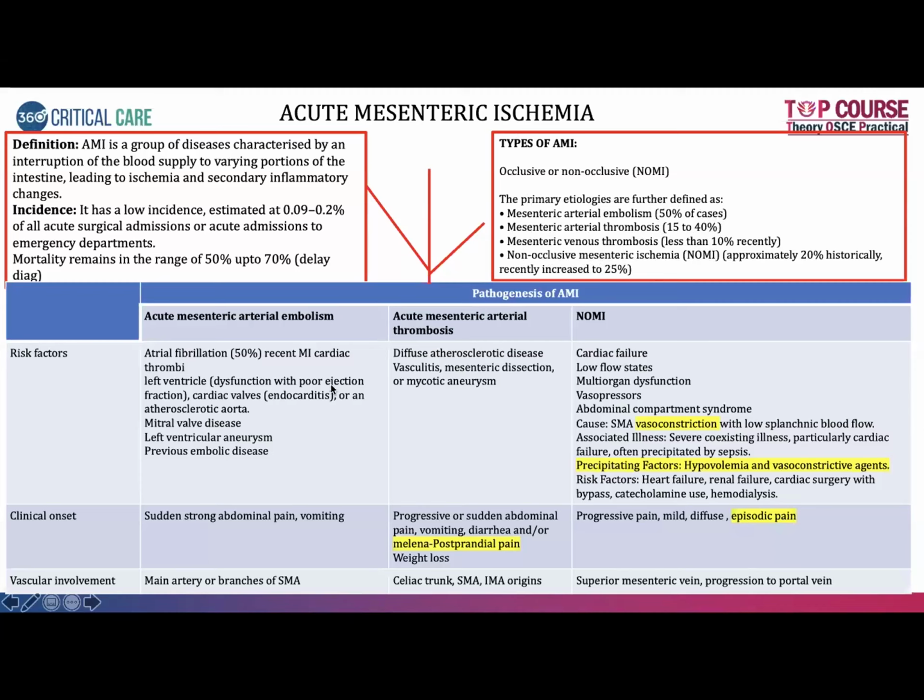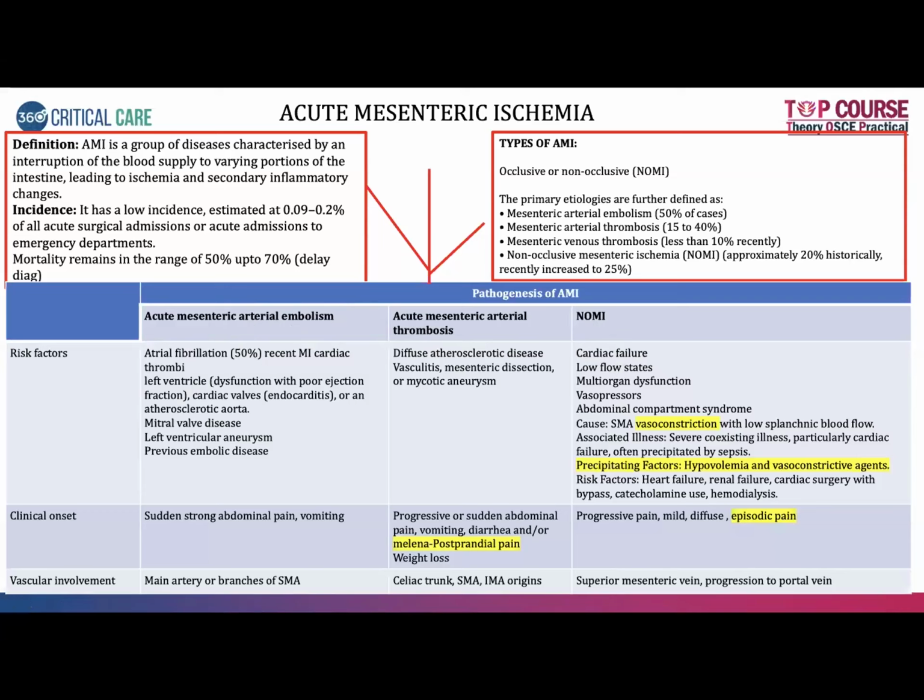When we are considering the risk factors or differentiating factors between mesenteric arterial embolism, arterial thrombosis, and non-occlusive mesenteric ischemia: in embolism, the patients will have a history of atrial fibrillation.